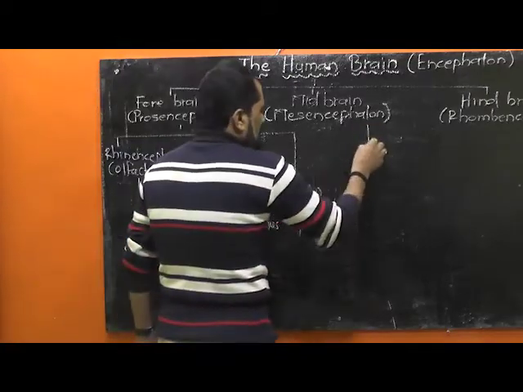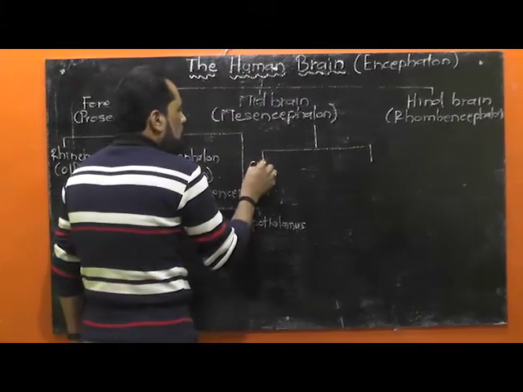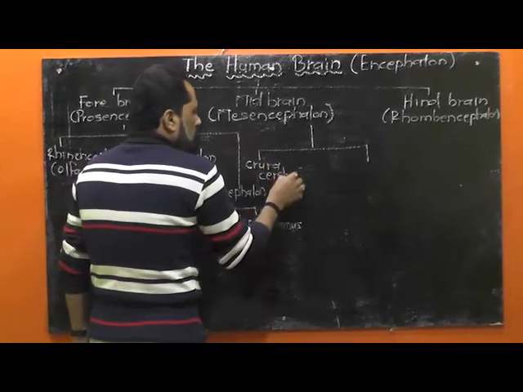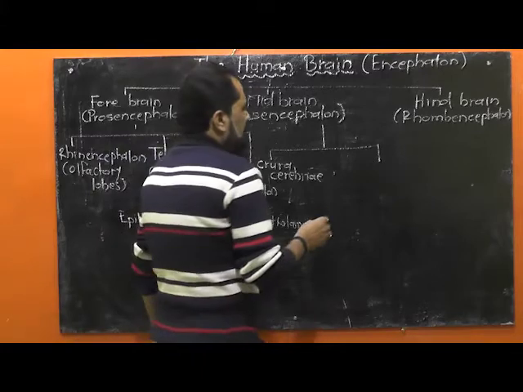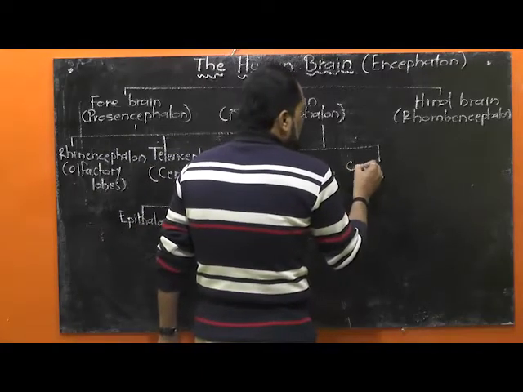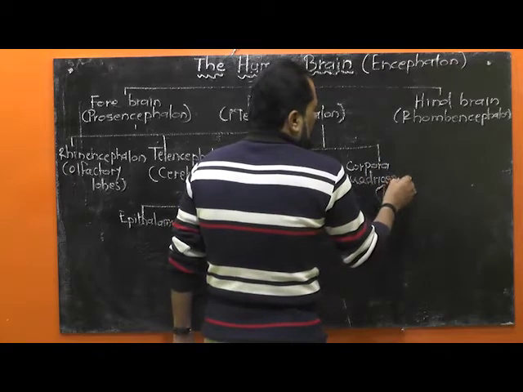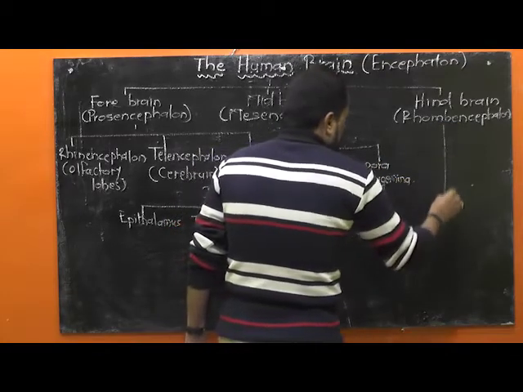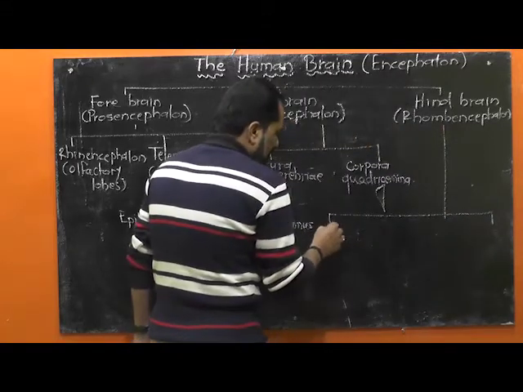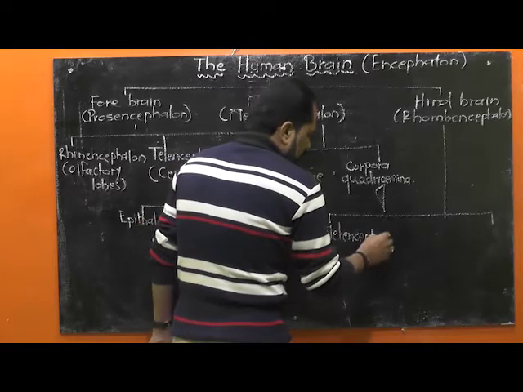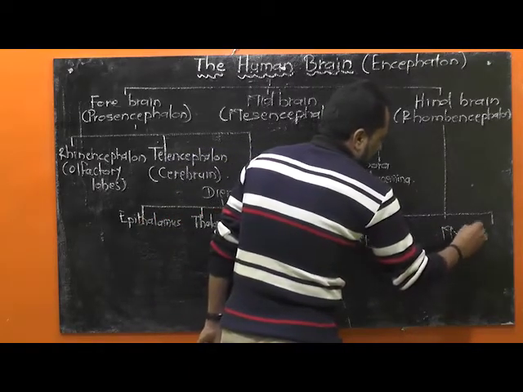The midbrain is further divided into two parts such as crura cerebri, also known as cerebral peduncle, and second part is corpora quadrigemina. While the hindbrain is divided into two major parts such as metencephalon and myelencephalon.